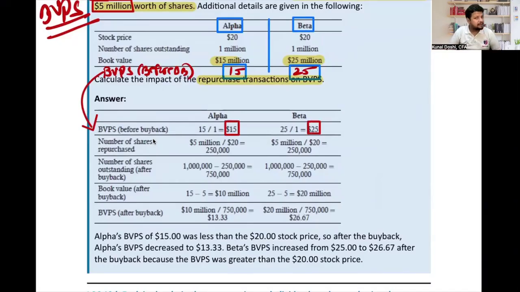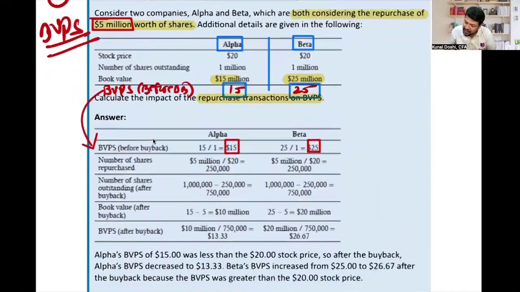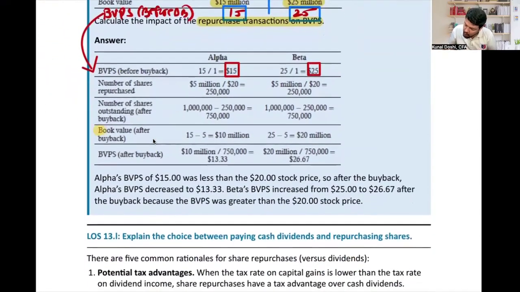What will happen after buyback? The first thing, the 5 million will go out of the system, correct? So, guys, whatever your book value was, that book value will be reduced by the buyback amount of 5 million, in both cases.